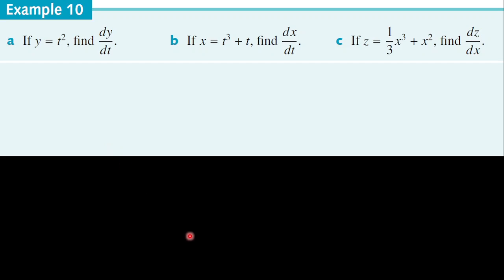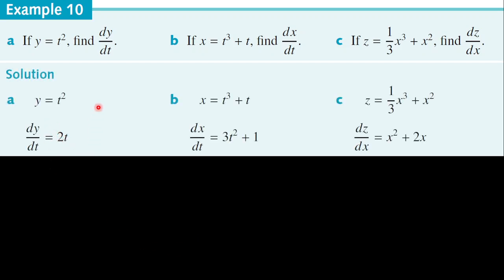Let's move on. So here are those answers. T squared will become 2t. T cubed plus t is a sum of two functions. So the derivative of t cubed is 3t squared, and the derivative of a linear function is the coefficient in front, which is 1, so that's 1.